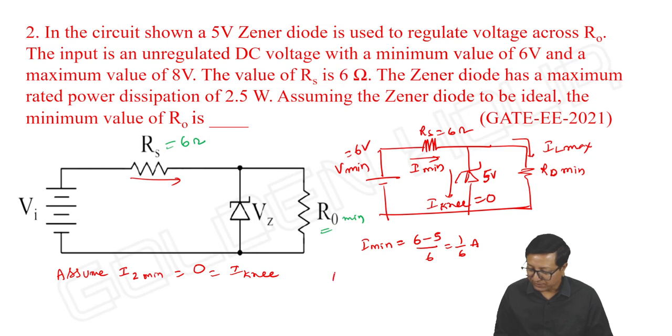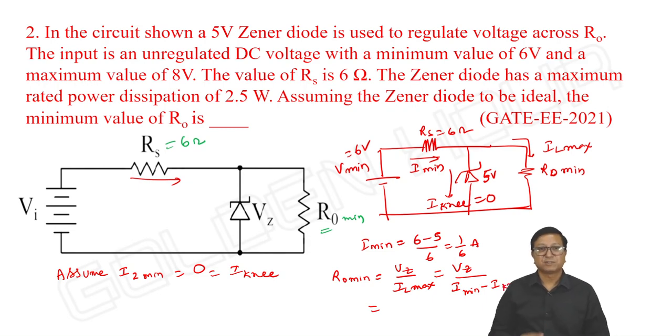Then I can write RO minimum is equal to VZ by IL maximum, that is VZ by I minimum minus IZ minimum. Is it not so?